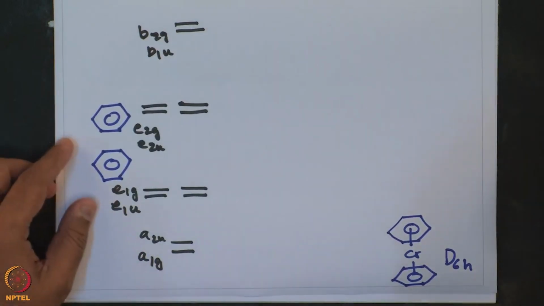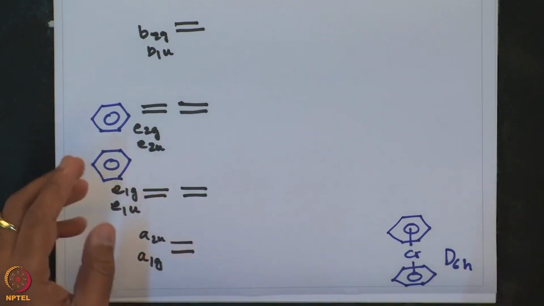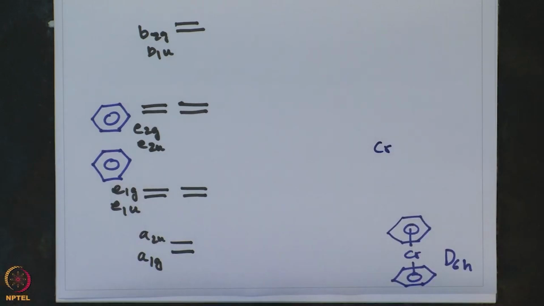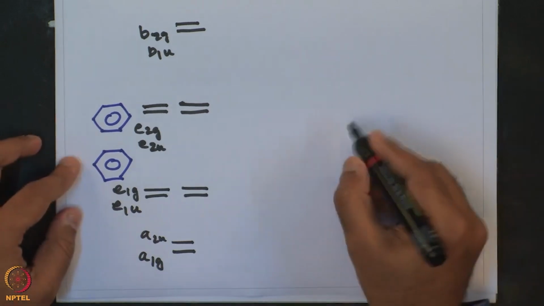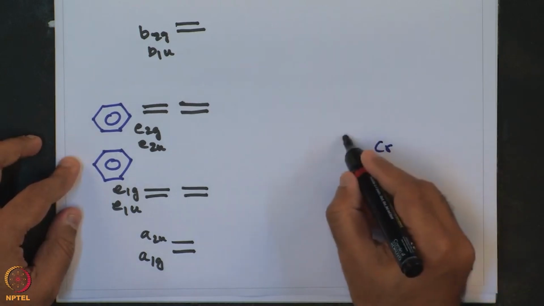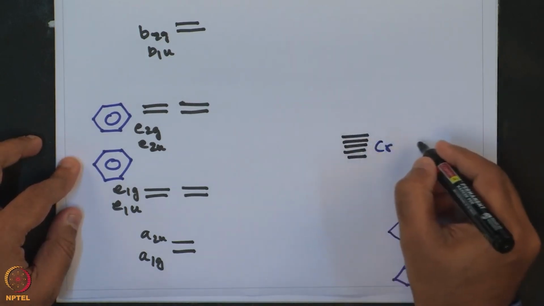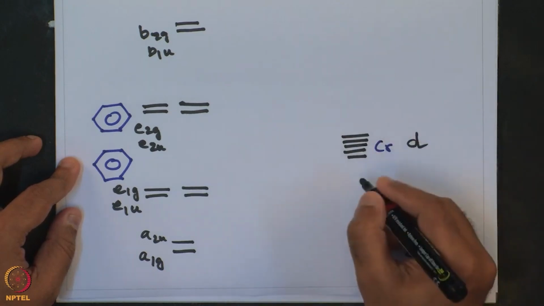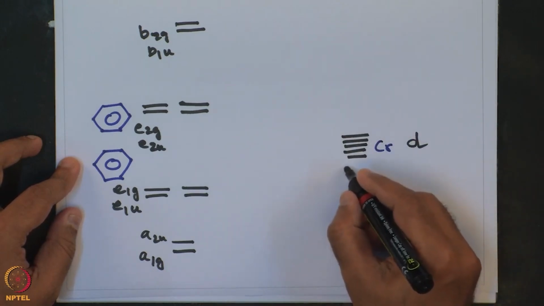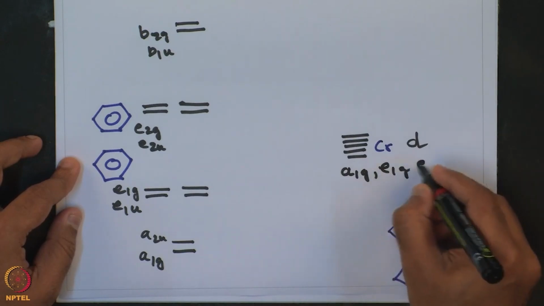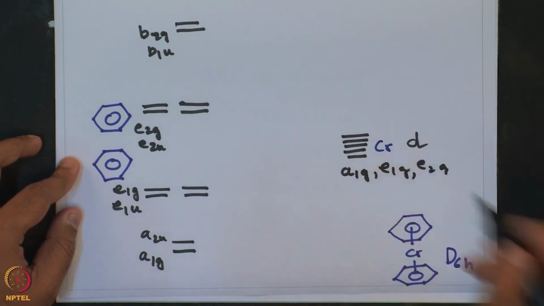ungerade symmetry. Similarly, as far as the chromium is concerned, there are 5 d orbitals. These are d orbitals, and they are of A1g, E1g and E2g symmetry.